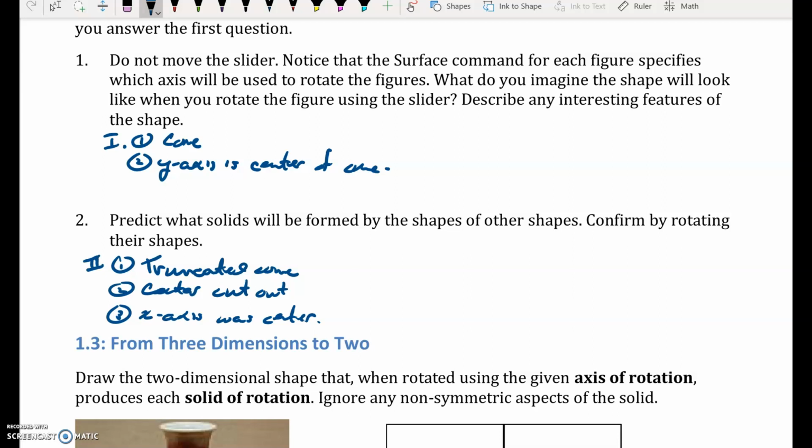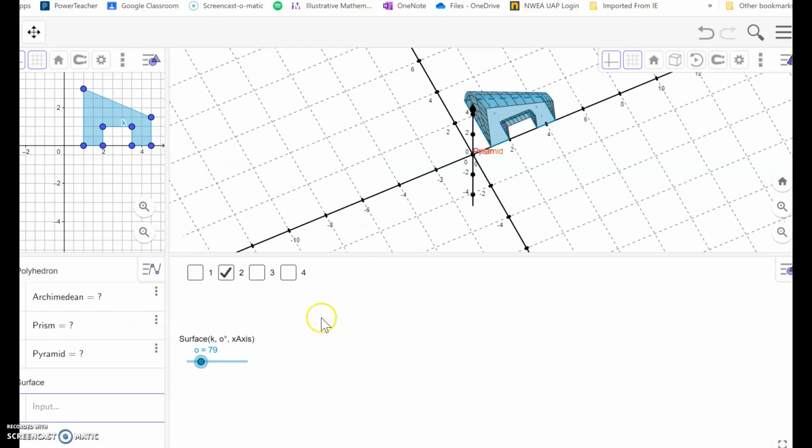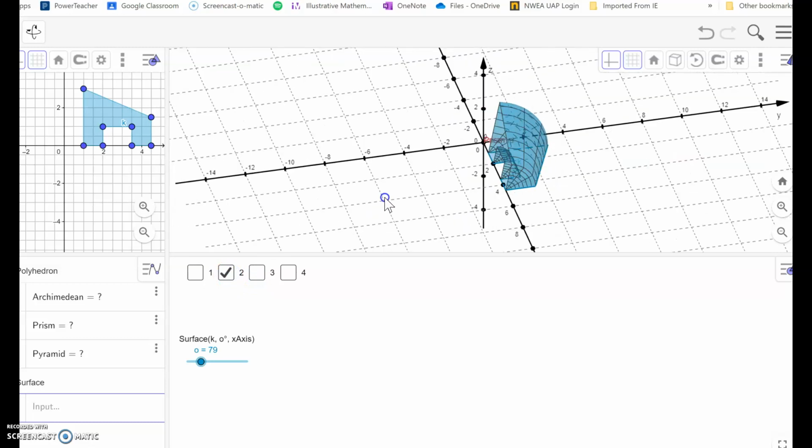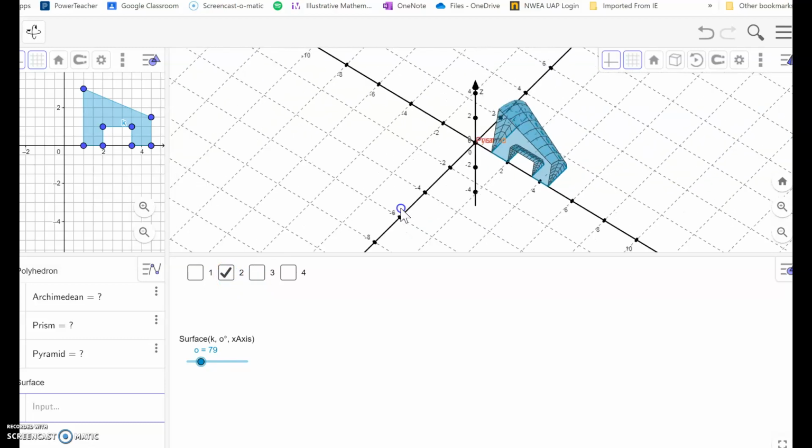That's figure 2. Let's take a look at what figure 3 would look like. Let's move this back to kind of where it was, right about like this.